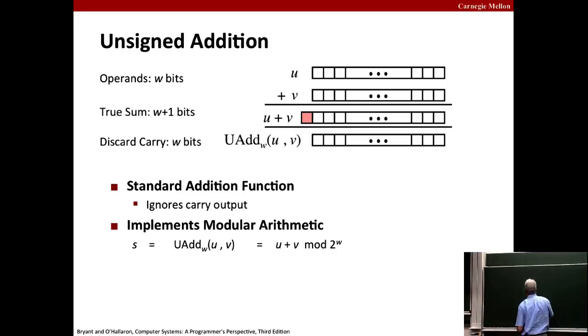So in the unsigned case, a 4-bit number will range between 0 and 2 to the 4th minus 1, or 15, right? Let's do a few examples of cases where it overflows.